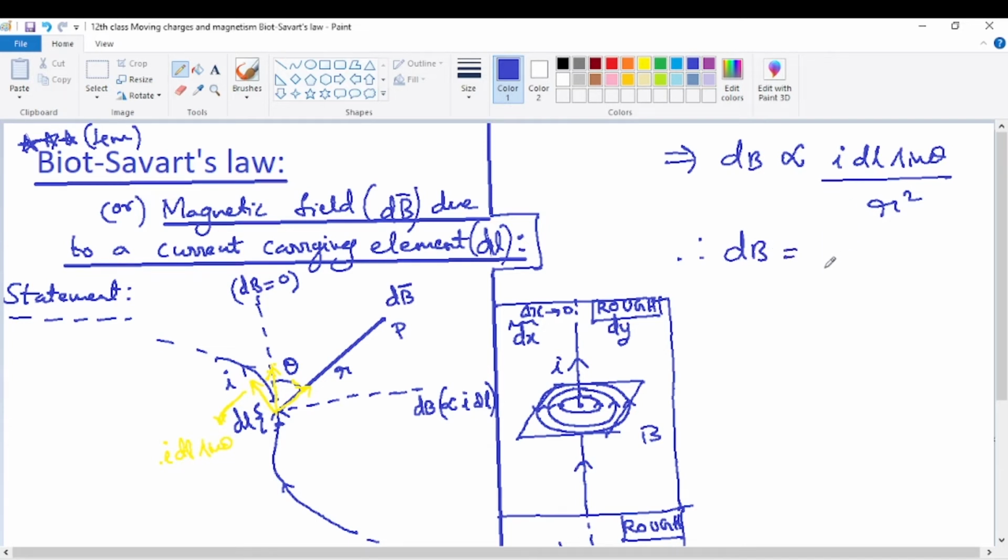Now this proportionality constant can be taken by any symbol, K or K1 or C1. But the important thing is, what is magnetic induction? It is the force acting on a unit north pole. That's the basic definition of magnetic induction or magnetic field vector B. How is the magnetic field vector B at any point in a magnetic field defined?